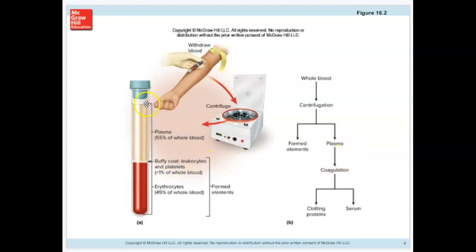And after, we're stimulating the coagulation or clotting, because we have in this part some proteins for coagulation. We're going to get some clotting proteins such as fibrinogen, and we're going to separate the clotting protein from the serum. Then serum is going to be the plasma without the clotting proteins.